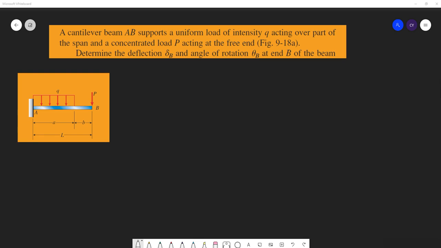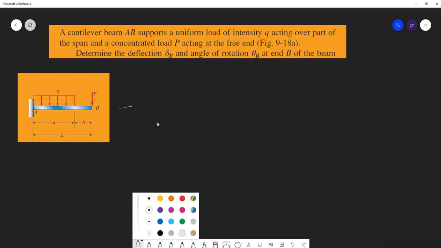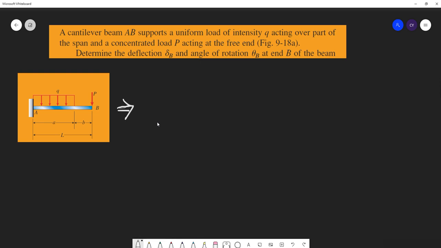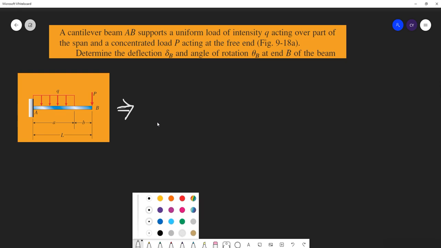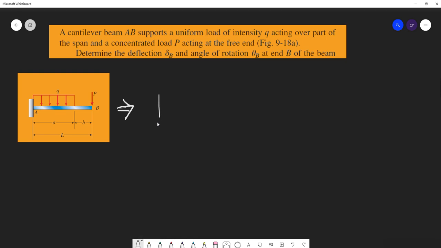The first case may be a distributed load Q here.